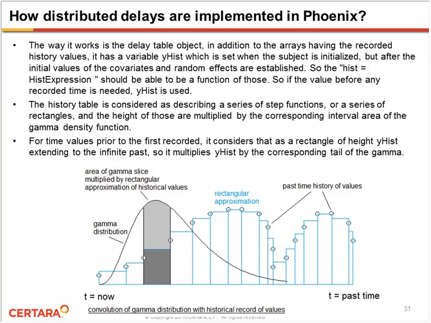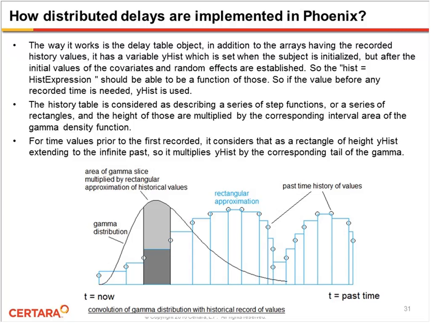Well, anyway, you see this gray slice, and there are two little circles representing the values that the system had in its trajectory going between those two time values. And so we assume that the middle value was used during those times, and we multiply it by the area of the gamma distribution within that time slice.